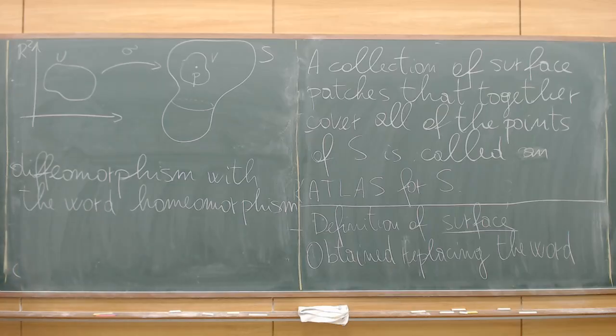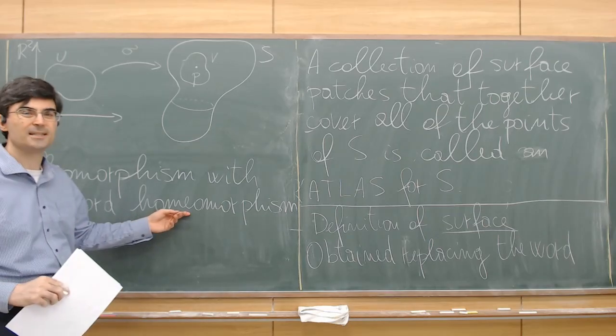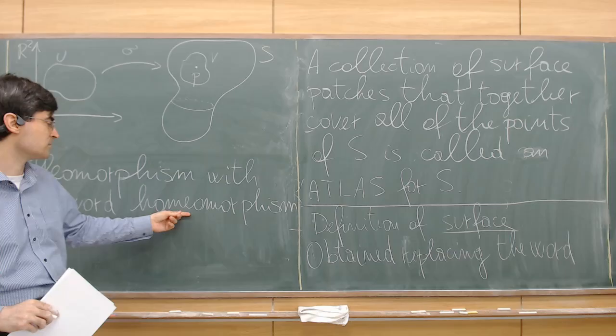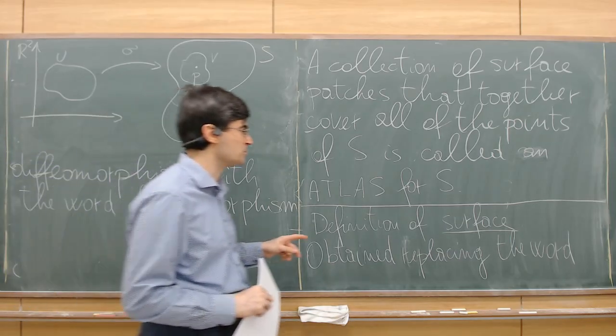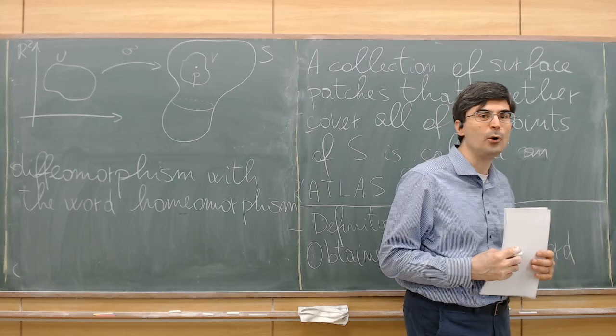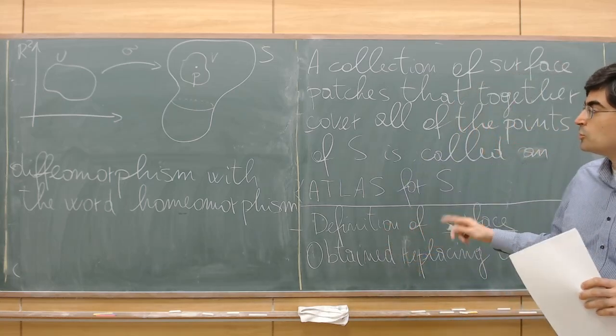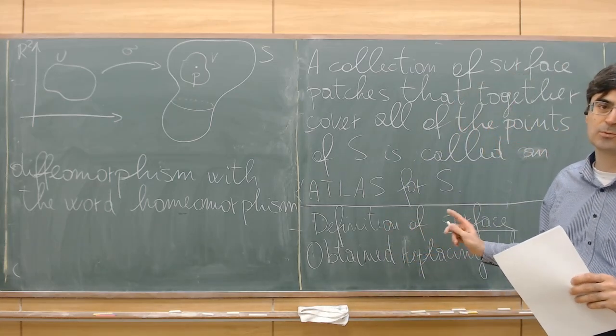So in this case, we would have maps which are continuous with inverses which are only continuous. Instead, in the definition of regular surface, we are asking for more. We want all the maps to be smooth with smooth inverse.